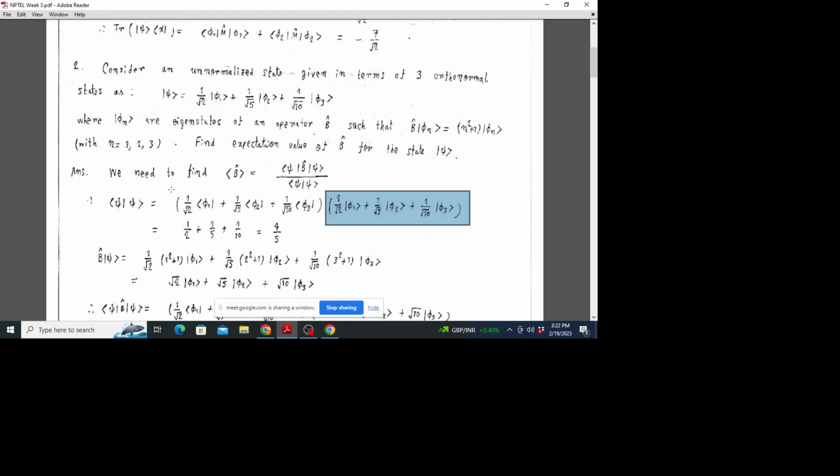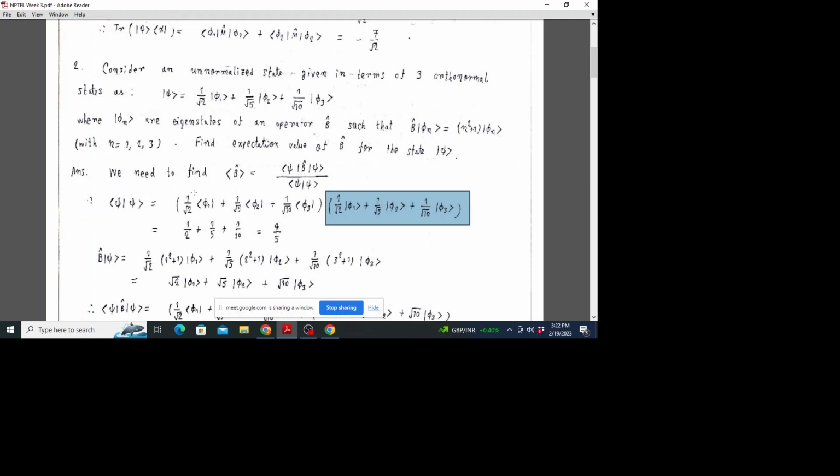So all the cross terms like the inner product between phi 1 and phi 2, or phi 2 and phi 3, or phi 1 and phi 3, are 0 because they are orthogonal.